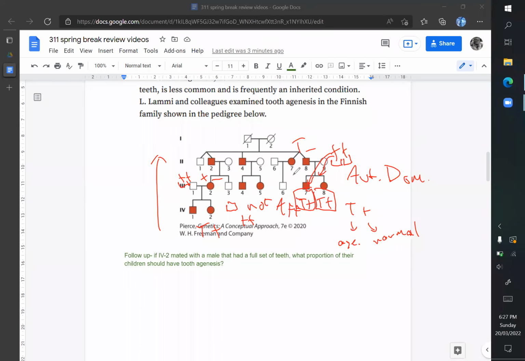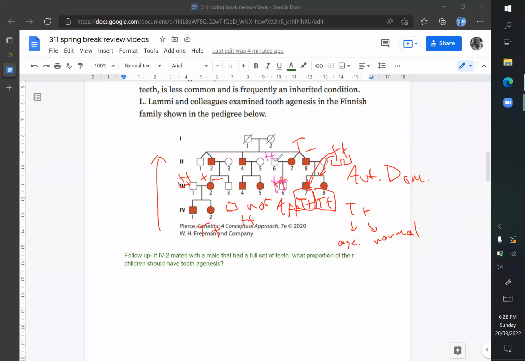Let's practice an unaffected individual. So this unaffected individual, actually, that's not really fair. We know that they're going to be lowercase t, lowercase t. But that helps us to establish the genotype of their parent. This individual is obviously lowercase t because they're unaffected from this dominant trait, and their parent is also unaffected.